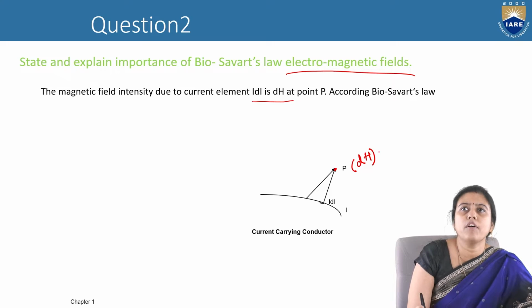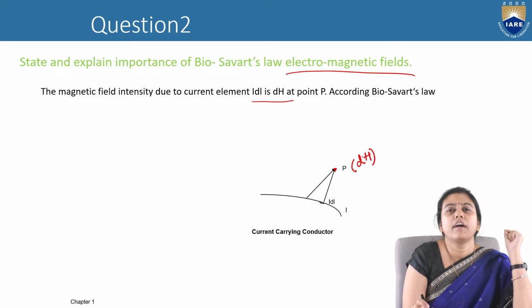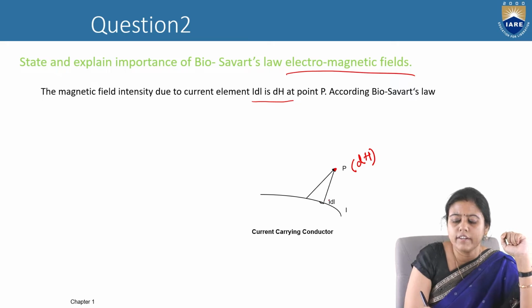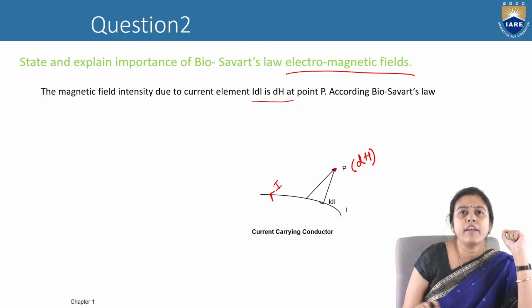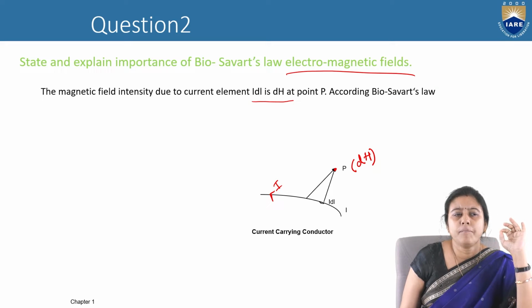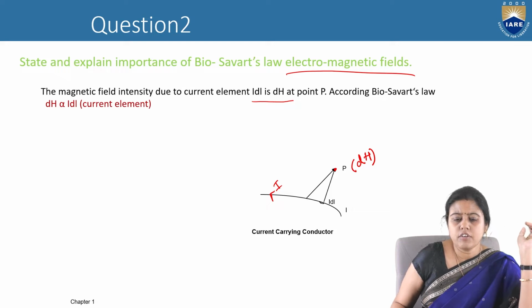And what is the value of H? H is equal to current into length. So if the current is I, it is I into DL. We are thinking about an infinitesimal, very small length of the electric conductor.